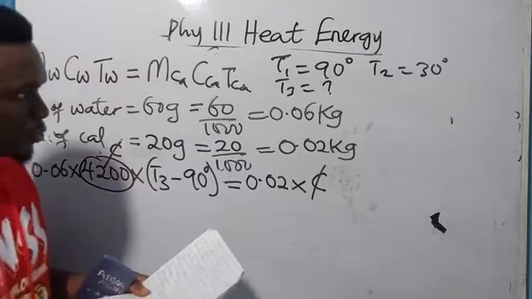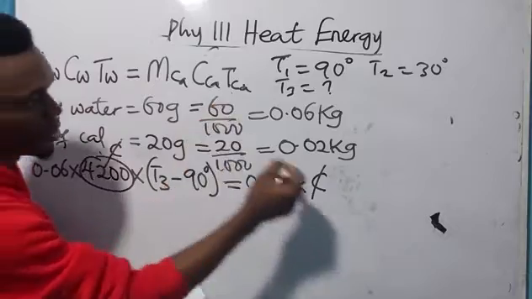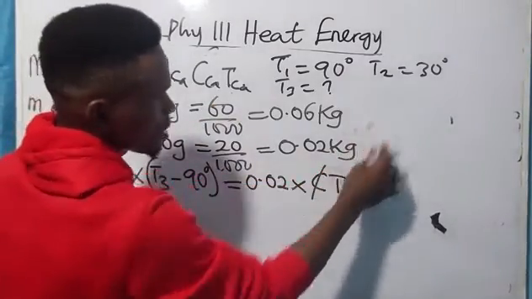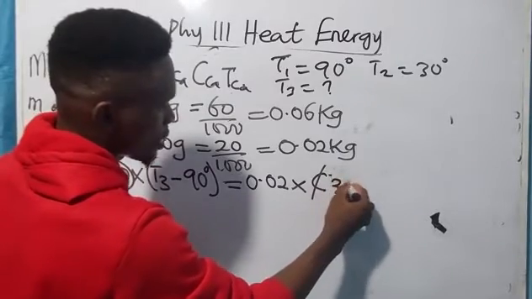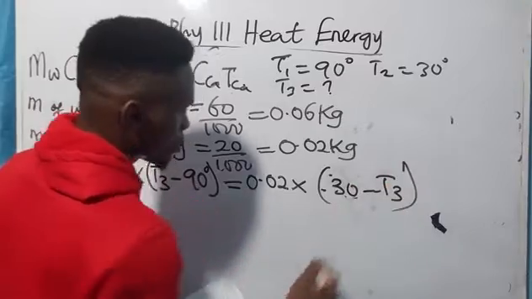Then the temperature change: T2 is 30, so 30 minus T3, in a bracket.